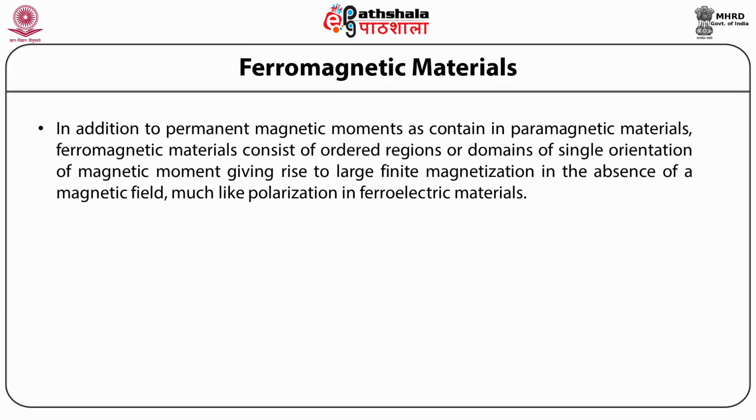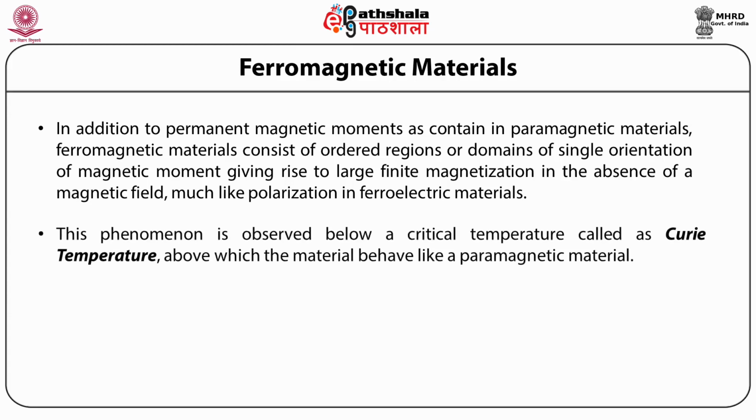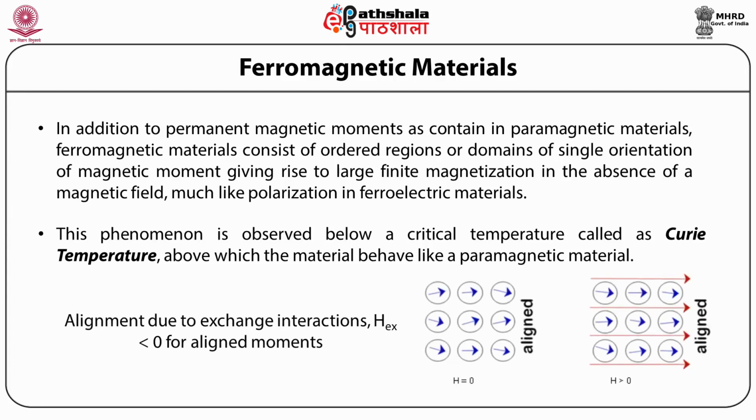This is similar to the polarization in ferroelectric materials. This phenomenon is observed below a critical temperature called the Curie temperature, above which the material behaves like a paramagnetic material. As we can see from the figure, with no applied magnetic field, some of the dipoles are aligned, leading to a large magnetic moment.